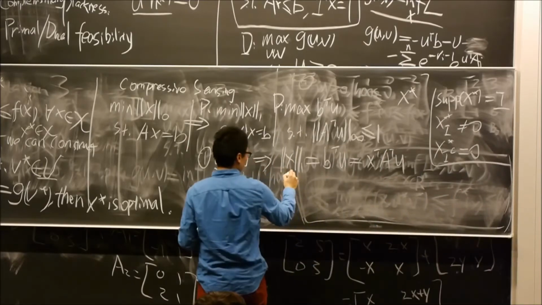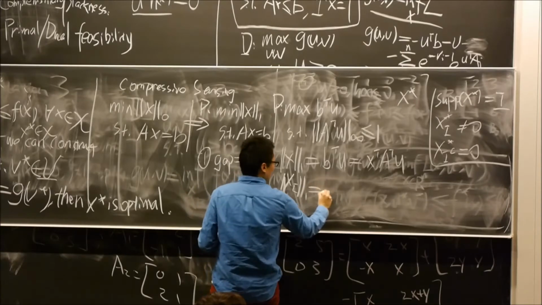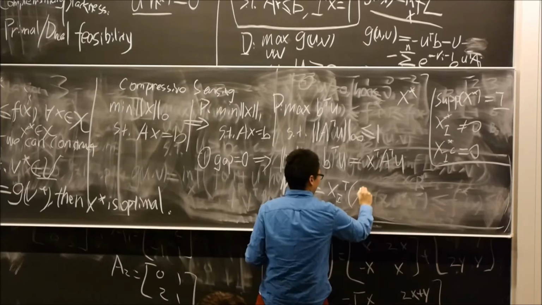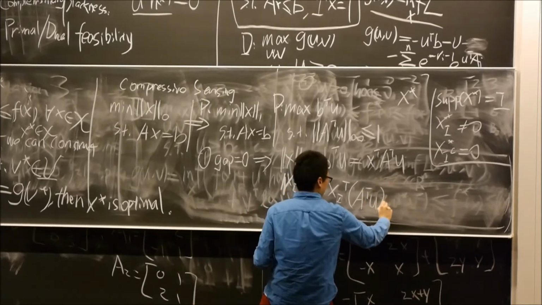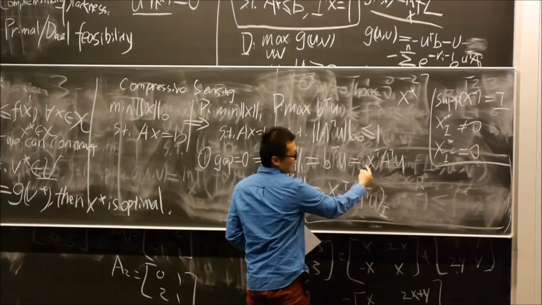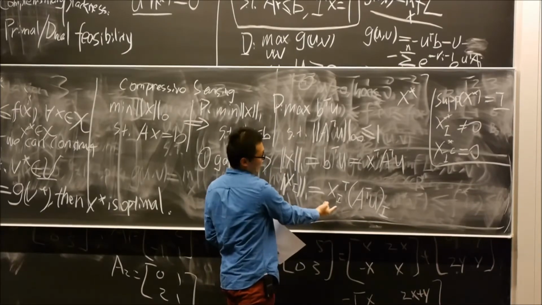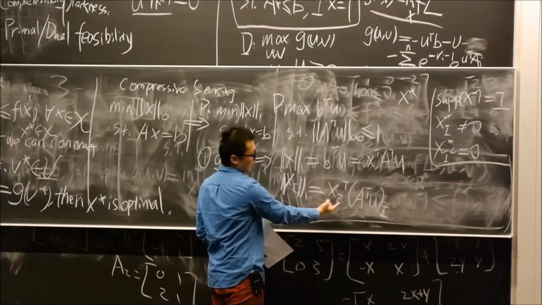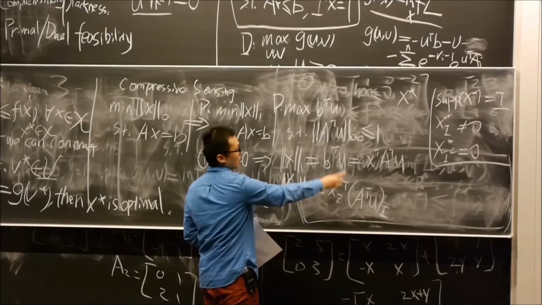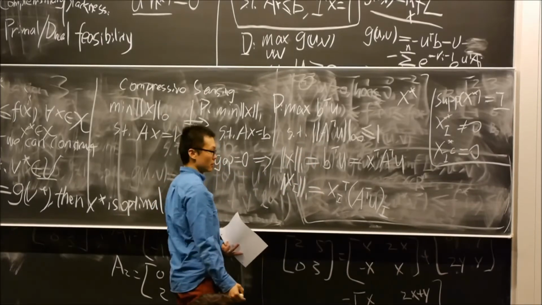Then we can rewrite this to be the 1 norm of x_I equals x_I transpose times (A transpose u) restricted to I. So this is just the inner product of x and A transpose u, and what we did is restrict the inner product to just the supported set of x. Just verify that when that is true, these two are exactly equivalent.